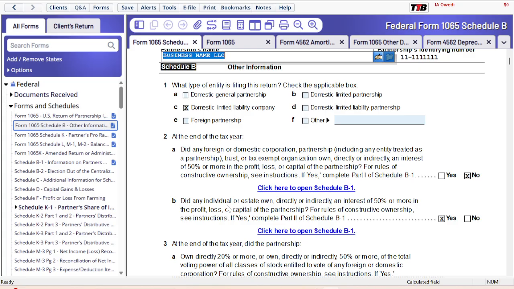Did any individual or estate own directly or indirectly 50% or more of the profit, loss, or capital of the partnership? So any member of the partnership own 50% or more of this company. If yes, you check yes. We check yes for this.